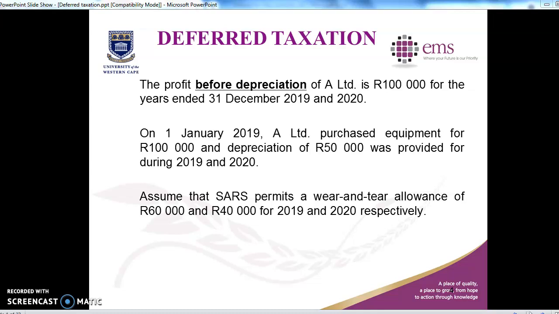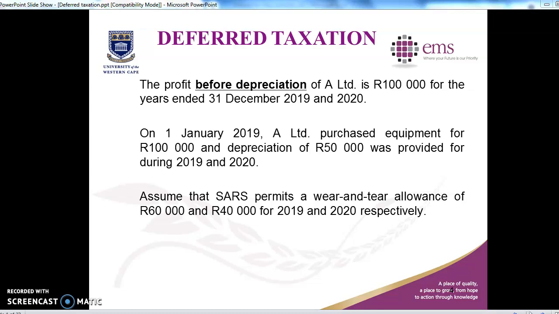So the profit before depreciation is 100,000 for the years ended 31 December 2019 and 2020. On 1 January 2019, A Limited purchased equipment for 100,000 and depreciation of 50,000 rand was provided during 2019 and 2020. Assume that SARS permits a wear and tear allowance of 60,000 and 40,000 for 2019 and 2020.